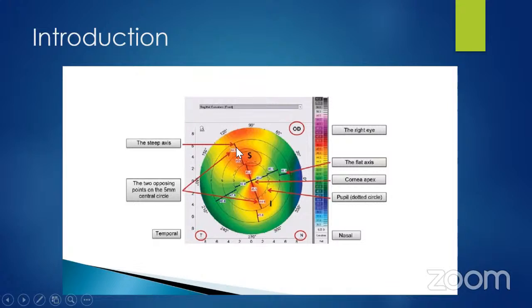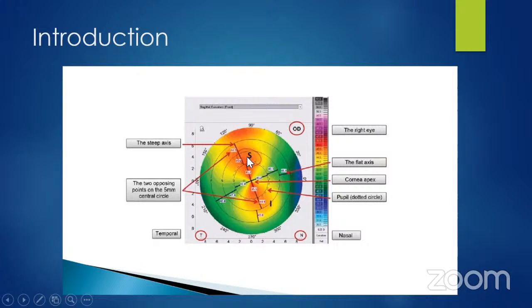Whenever you're looking at this, compare the two points which are on the 3 millimeter, 5 millimeter circle. That is the superior inferior asymmetry that we are talking about. If both sides have the same amount of astigmatism, it gives you a regular bow tie astigmatism.